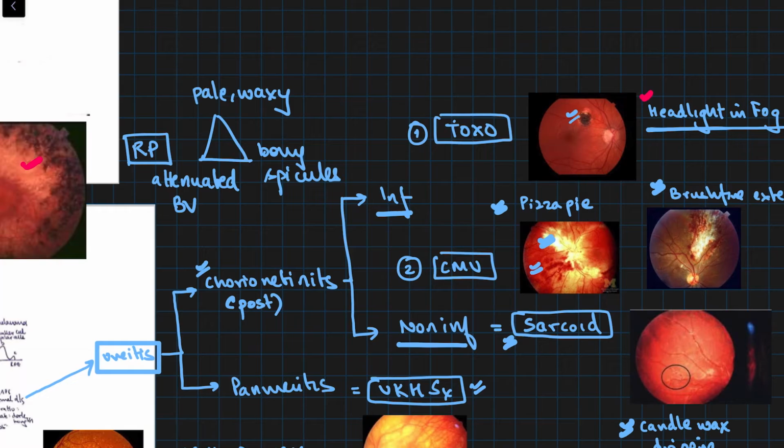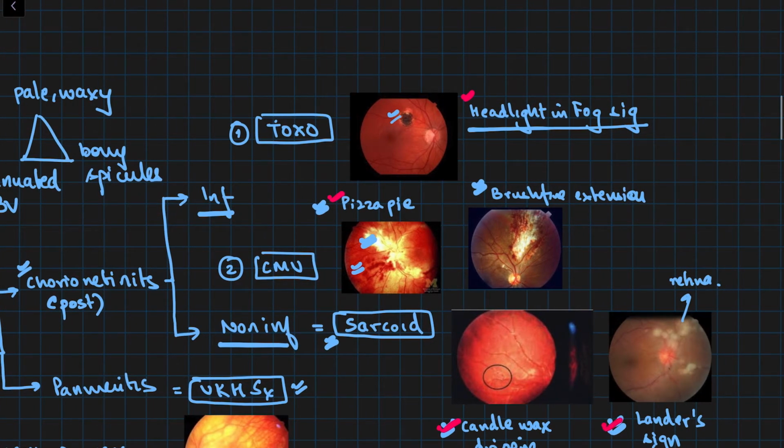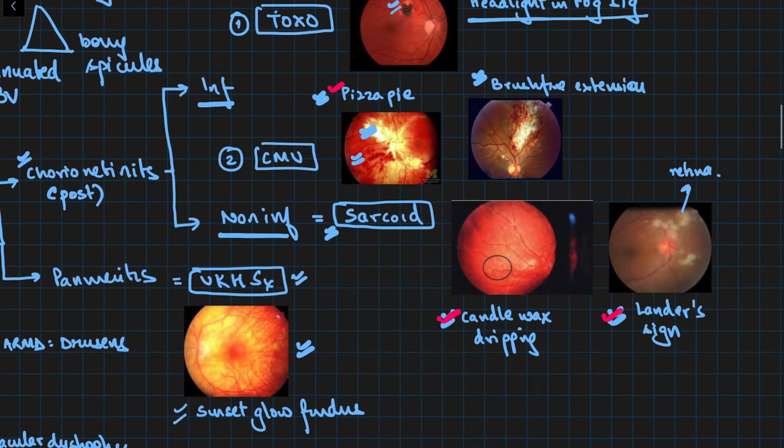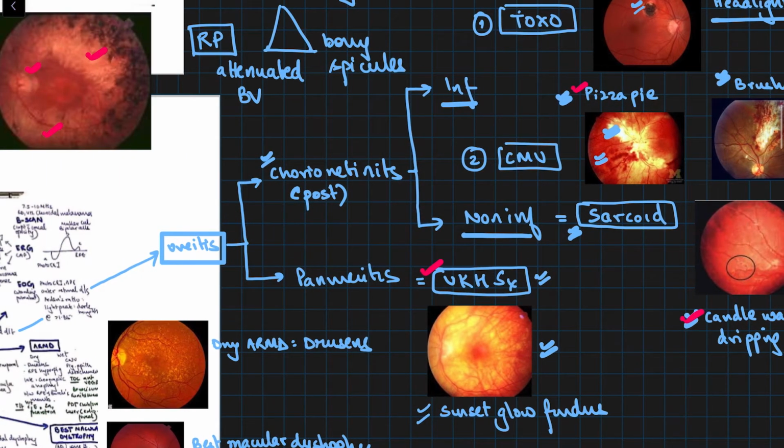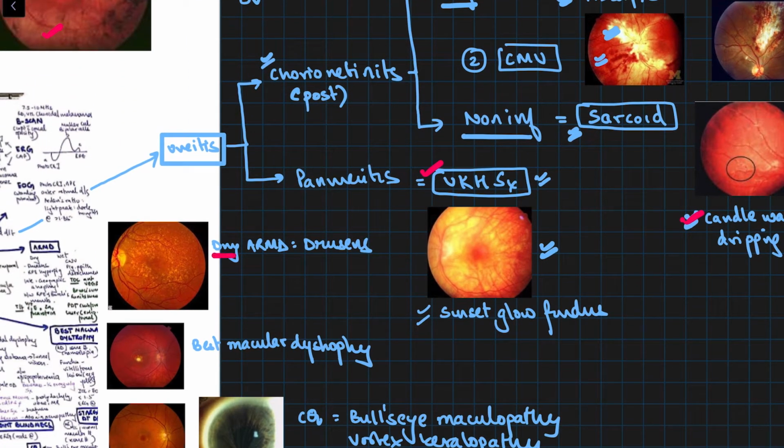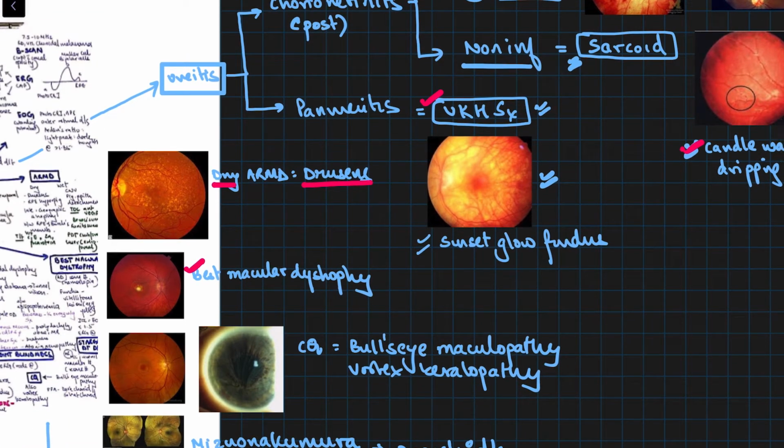Then toxoplasmosis will have headlight and fog appearance, CMV retinitis, pizza pie appearance and brush fire extension. Sarcoid will have candle wax dripping and the Landis sign, which is retinal nodules. Then Harada syndrome is a panuveitis showing sunset glow fundus. In ARMD, especially dry ARMD, there is presence of drusen. Then Best macular dystrophy will have a vitelliform lesion, that is egg yolk-like.